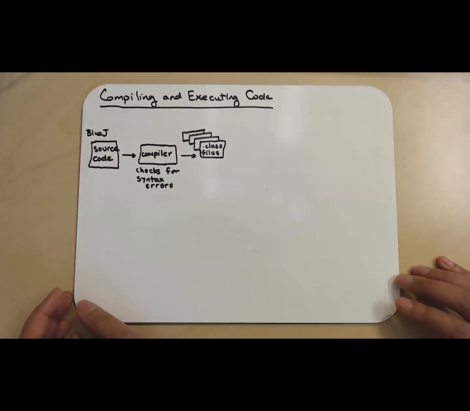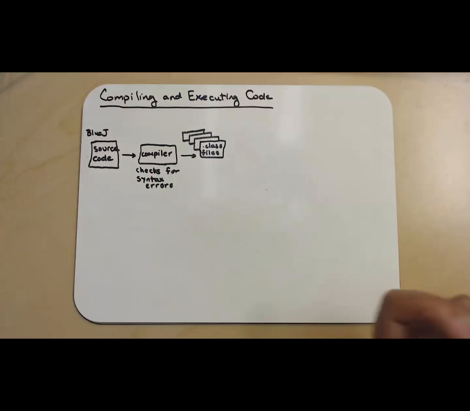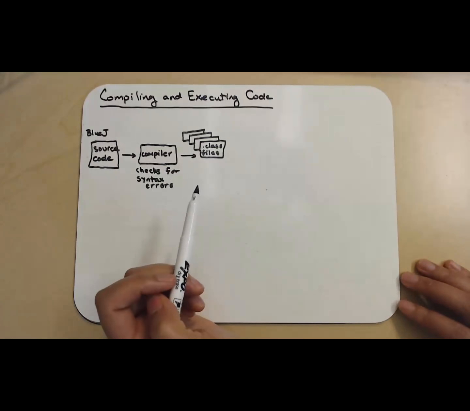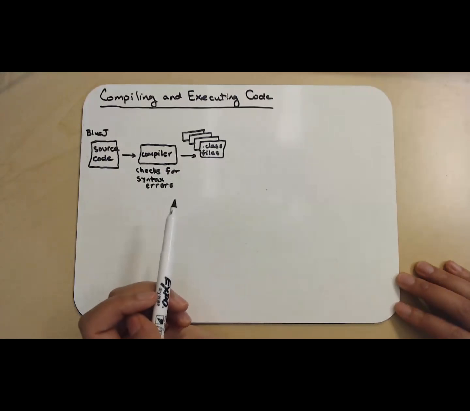Right now, we've only been writing one class, but pretty soon we'll be writing multiple classes that are all interacting with each other. In addition, we need the class files for any code that someone else wrote that we are using.